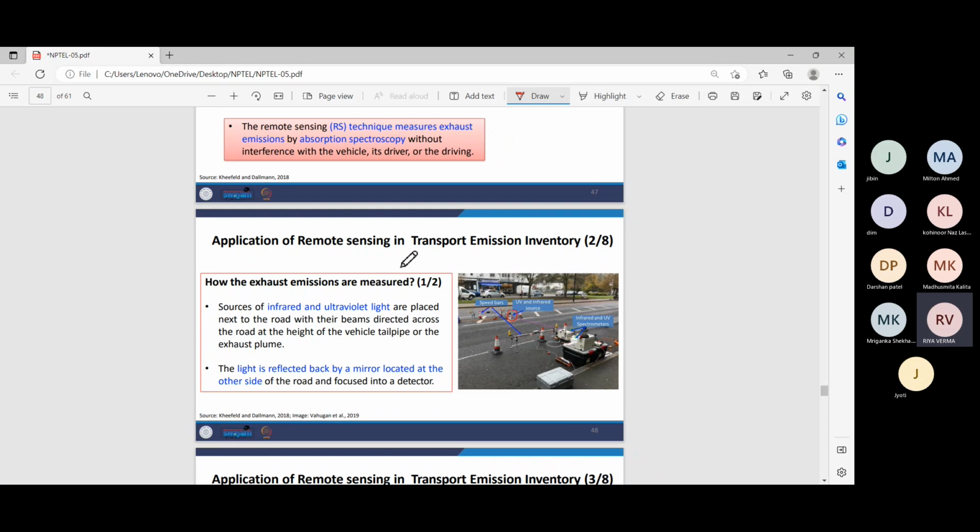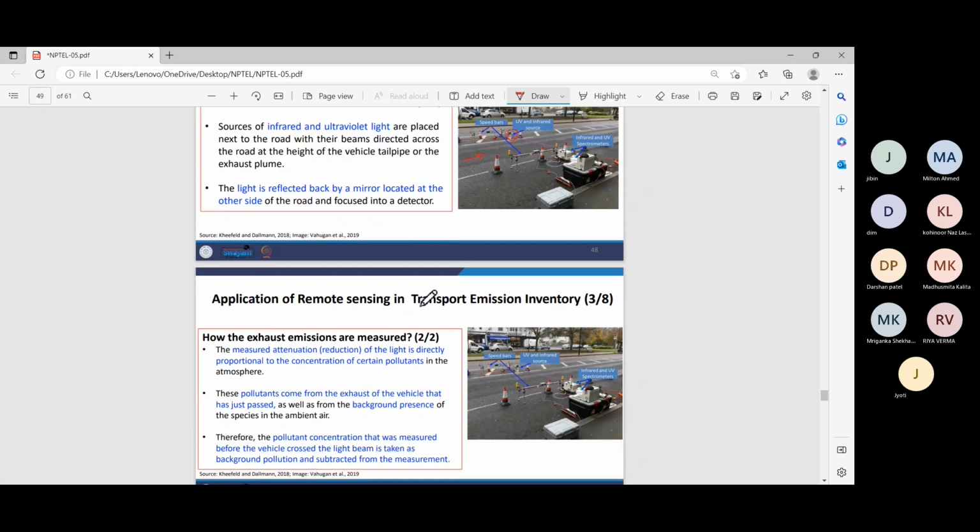The speed bars are used to measure the speed of the vehicle, and the UV and infrared source has a beam directed towards the tailpipe of the vehicle, and as soon as the vehicle moves past, the speed of the vehicle and the exhaust emissions are measured from these sources.